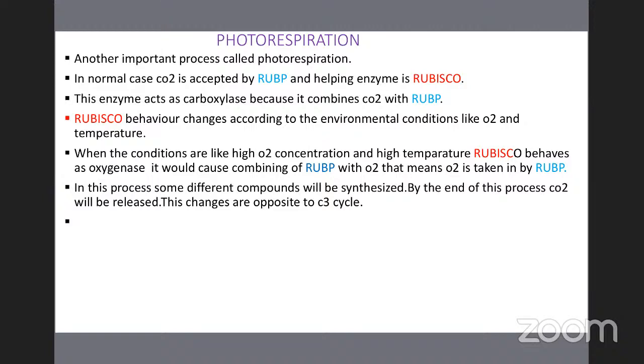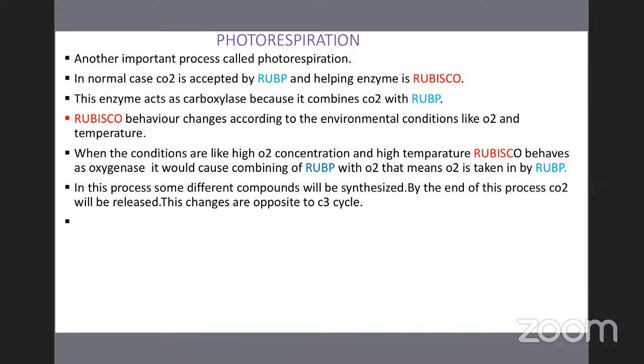In normal cases, CO2 is accepted by RUBP, and the helping enzyme for this is Rubisco. This enzyme acts as carboxylase, and sometimes it also acts as oxygenase.